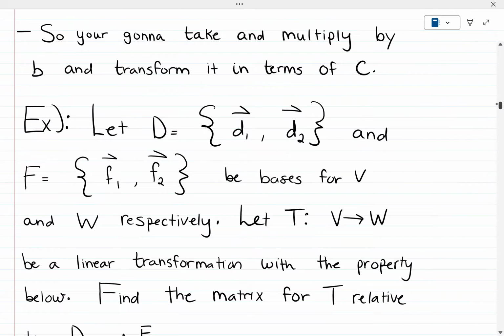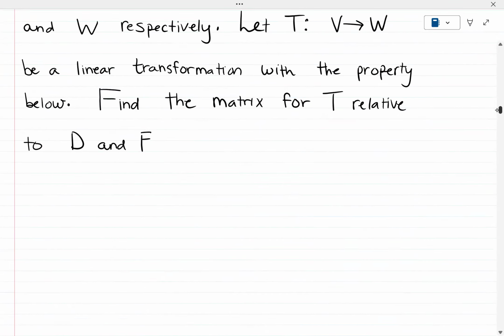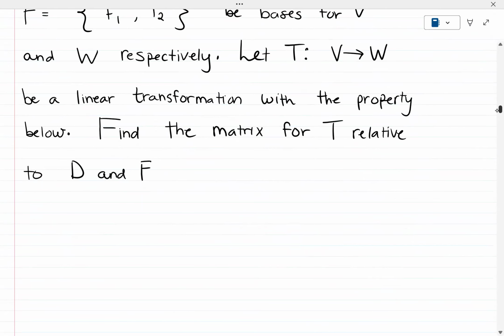Let T from V to W be a linear transformation with the property below. Find the matrix for T relative to D and F. How do we do that? Let me read the problem again, because sometimes you have to reread it.